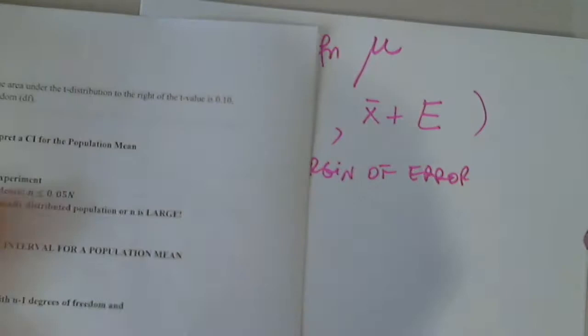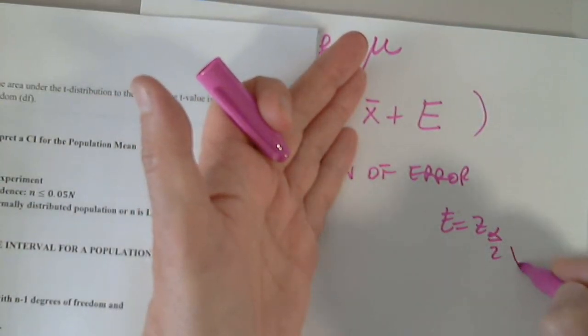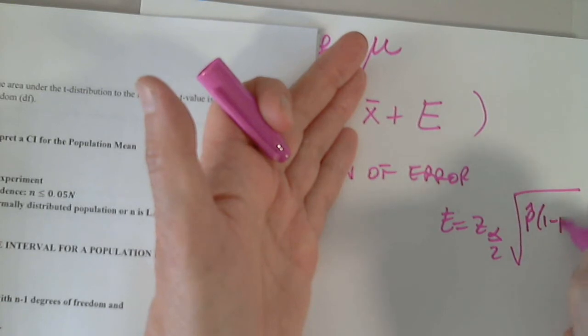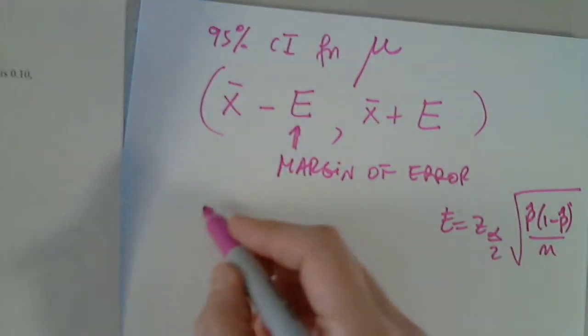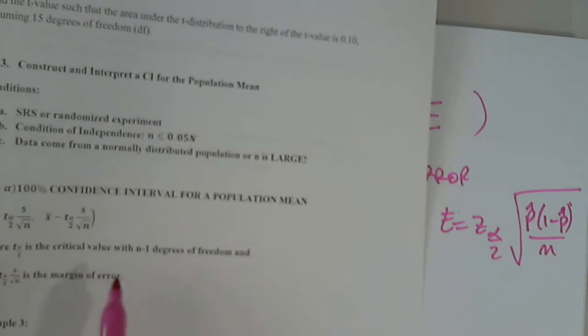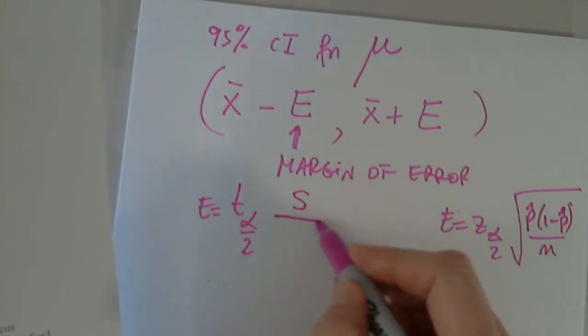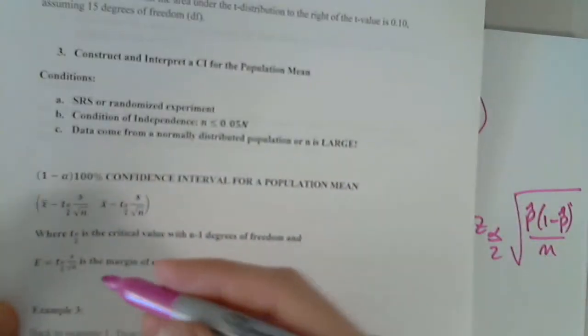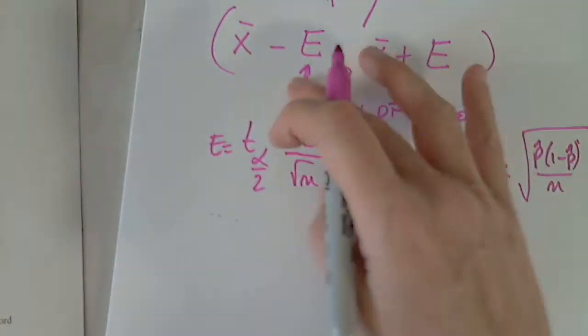Like before, in proportions, we had the margin of error z alpha over 2 times the square root of p hat times 1 minus p hat, divided by n. That was for proportions. Now, the margin of error for estimating the mean is t alpha over 2 times s, where s is the sample standard deviation, divided by the square root of n.